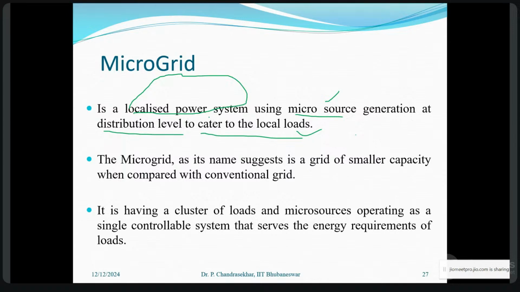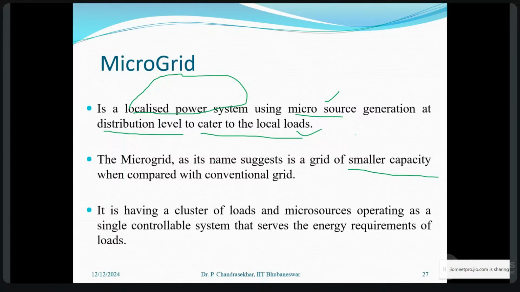A microgrid, as its name suggests, is a grid of smaller capacity when compared with the conventional grid. We'll be having gigawatts of power getting transmitted over a conventional grid. In case of a microgrid, it may be watts, sometimes milliwatts, or it may go up to kilowatts.